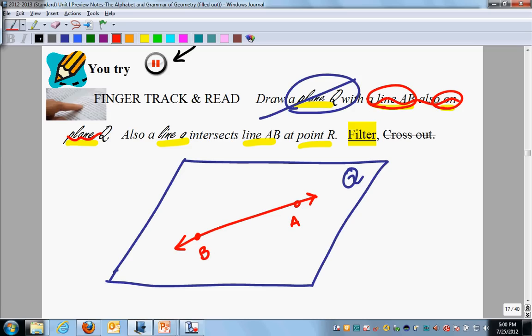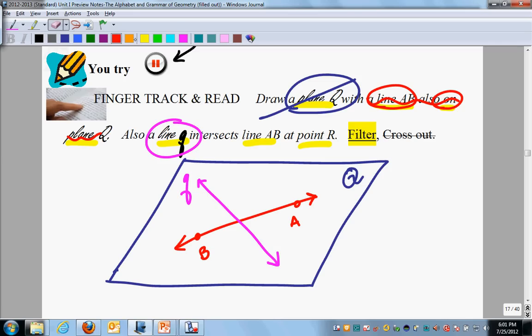And then it gets a little tricky. Then I talk about a line q. Notice that's cursive and it's lowercase, so that's not that uppercase Q. It means a whole line, and it's going to intersect AB, so it cuts across AB. It's line q, so at either arrow, either here or here, it doesn't matter.